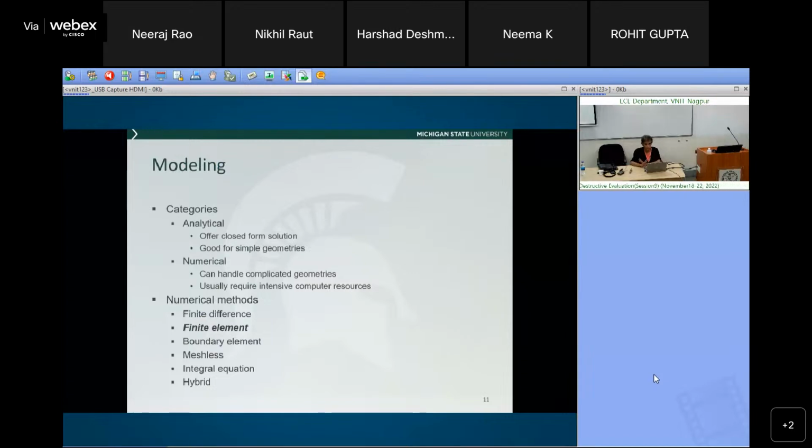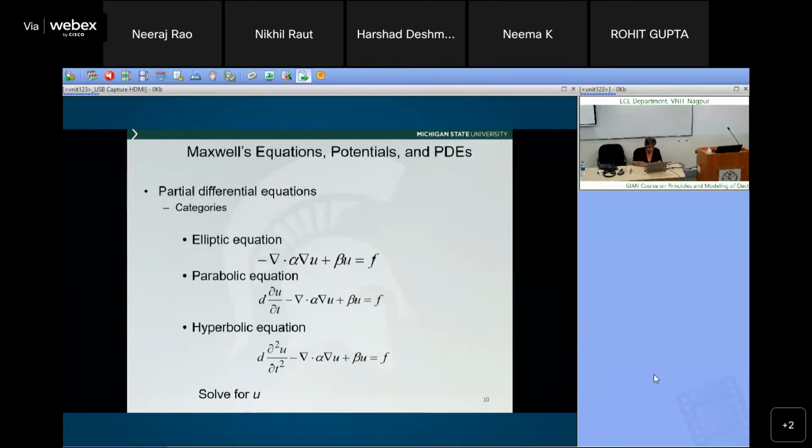Okay, so far we have looked at all that's needed for formulating the governing equations for the electromagnetic problem. The next thing is that, depending on the operating conditions, you can have either an elliptic, a parabolic or a hyperbolic equation.